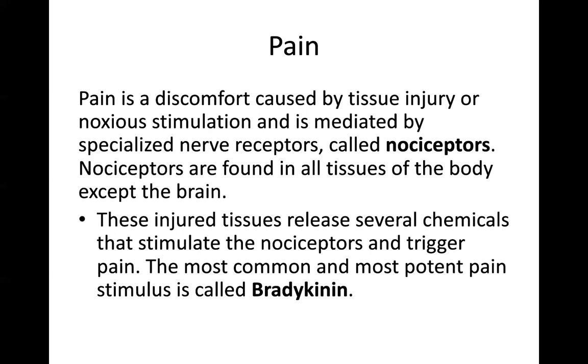When tissues are injured, they release several chemicals that stimulate these nociceptors, and that triggers the sensation of pain. The most common and most potent pain stimulus is a chemical called bradykinin.